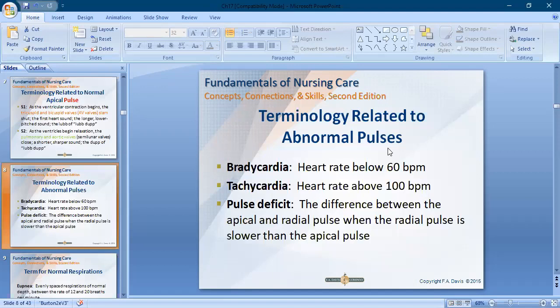Bradycardia means heart rate below the norm, 60 beats per minute. Everybody knows that. And tachycardia means when heart rate is more than normal. We are talking about the heart rate right now, right? So keep it in mind, the heart rate.